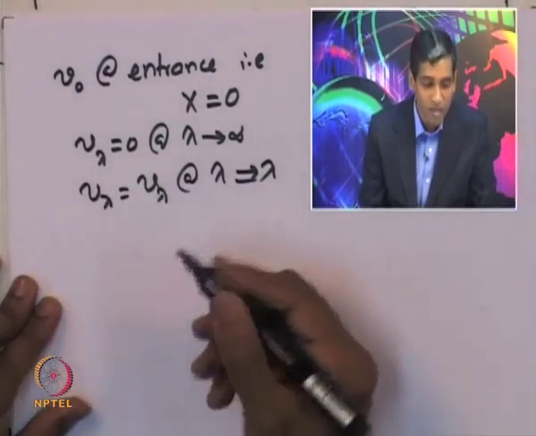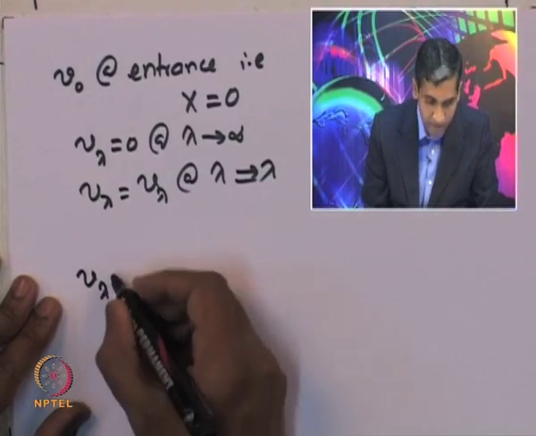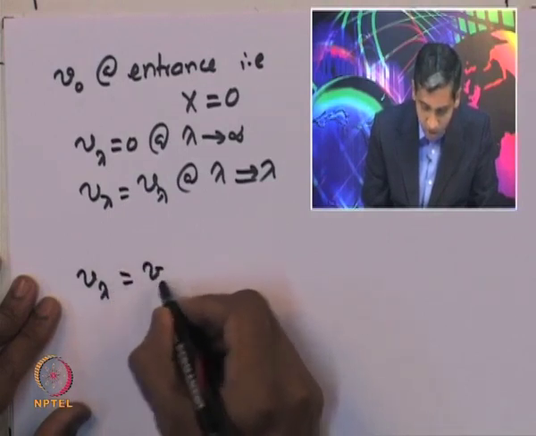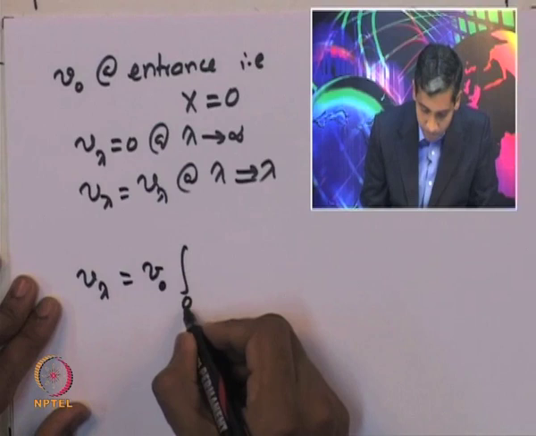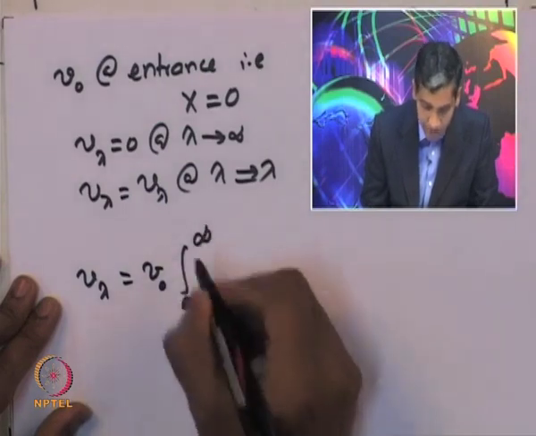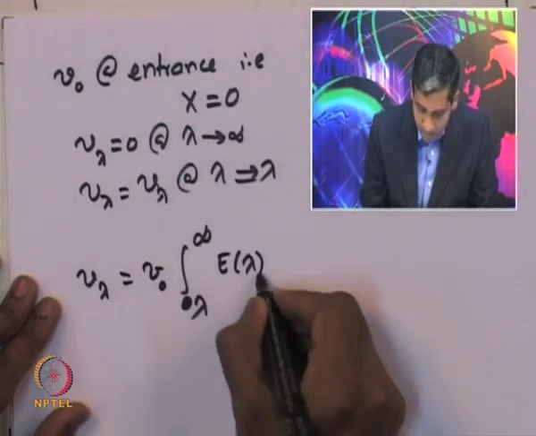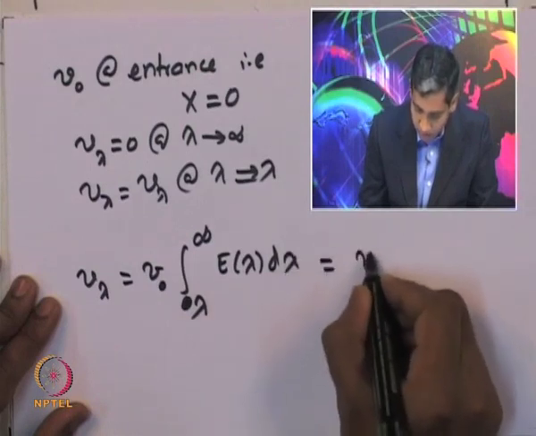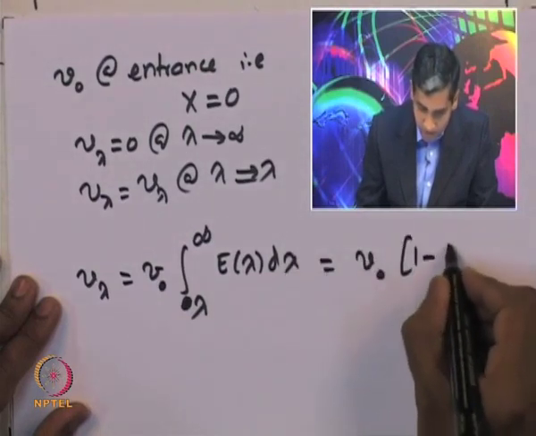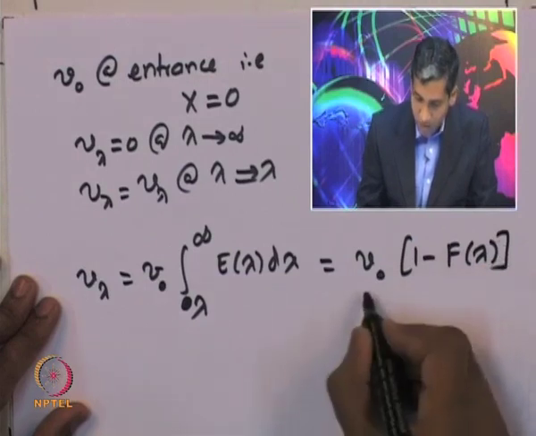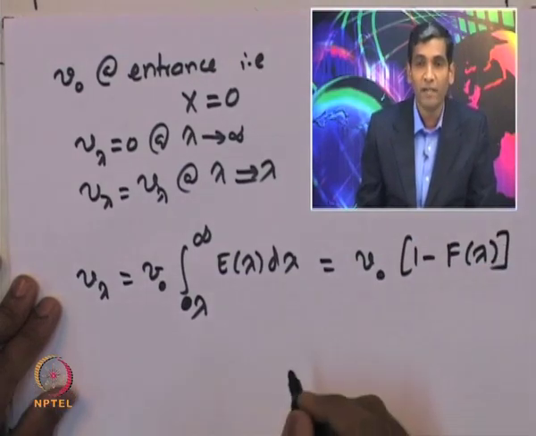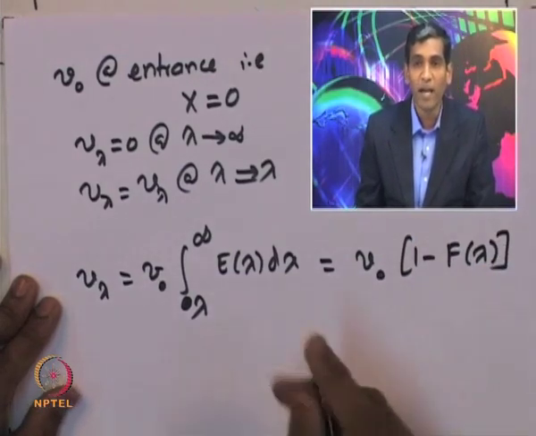Using these two as limits, we can integrate to find that V lambda equals V naught into the integral from lambda to infinity of E lambda d lambda, which is equal to V naught into 1 minus F of lambda. That is the volumetric flow rate with which the fluid is flowing at any location lambda.